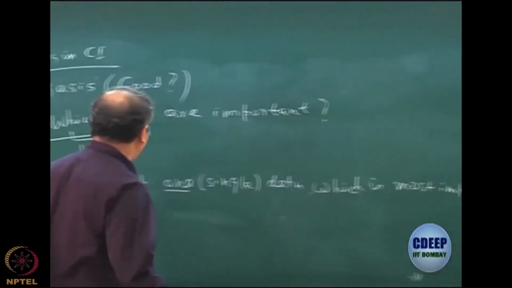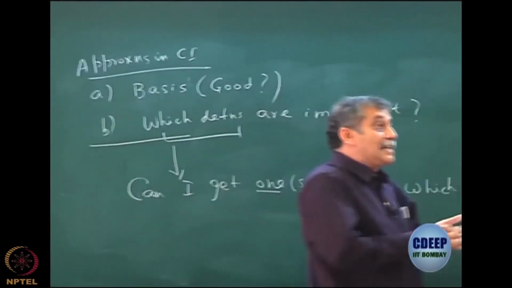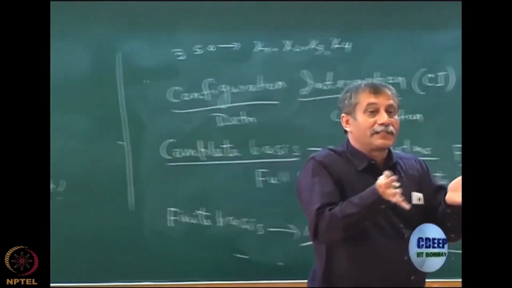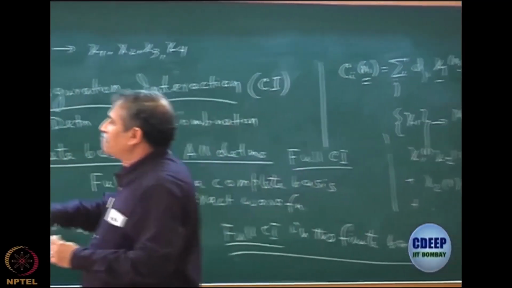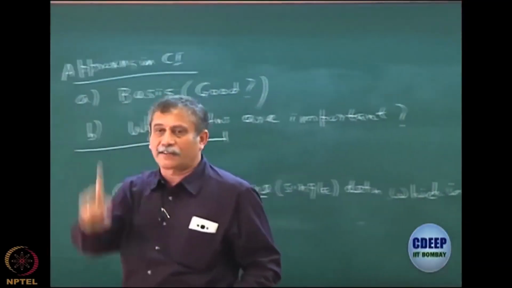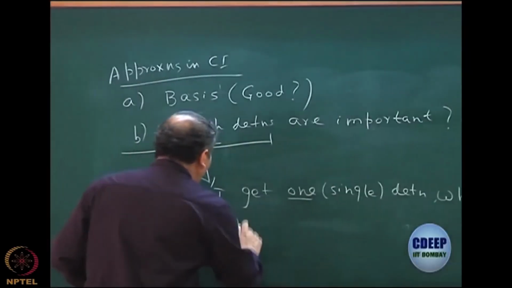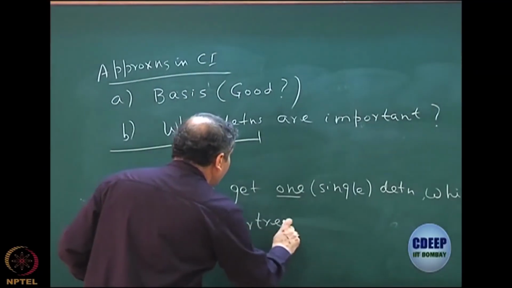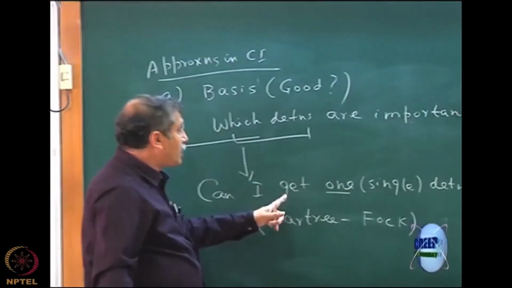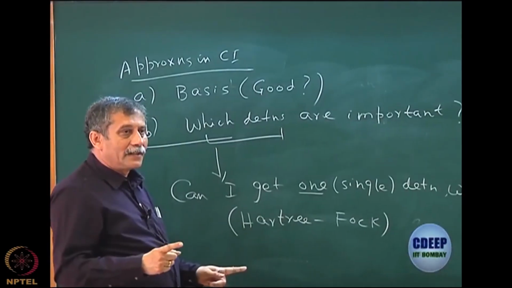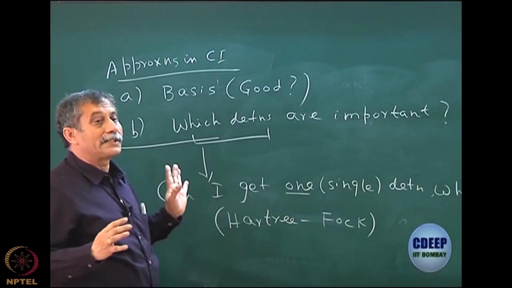I can have many single determinants, but can I get one of these determinants which is the most important, because then at least I can go to the chemist with that determinant, not a partial set of determinants, just one. That is the answer that we will get from Hartree and Fock. This will be called the Hartree-Fock approximation, where we are going to zero in on only one determinant, and not any combination of determinants, which is the most important.